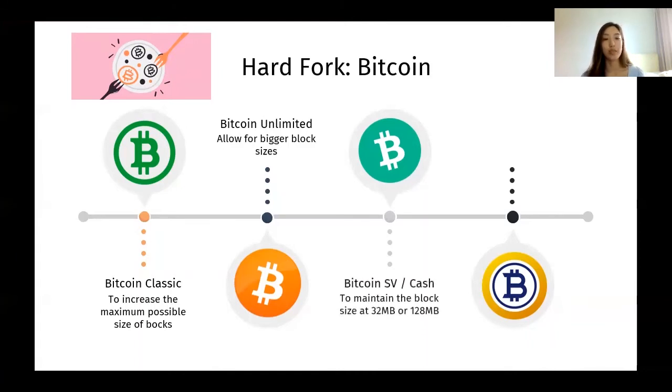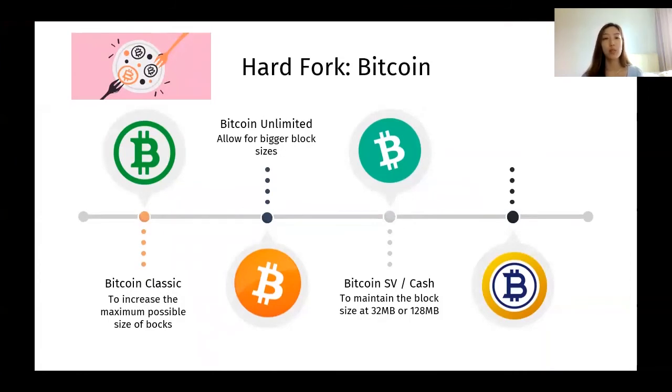And then next we have Bitcoin SV and Bitcoin Cash. It's a coin born out of two competing Bitcoin Cash camps. The first camp, to maintain the block size at 32 megabytes, is the most successful cryptocurrency coin of the Bitcoin hard forks to date. And then the second camp, which is to increase the block size limit to 128 megabytes.